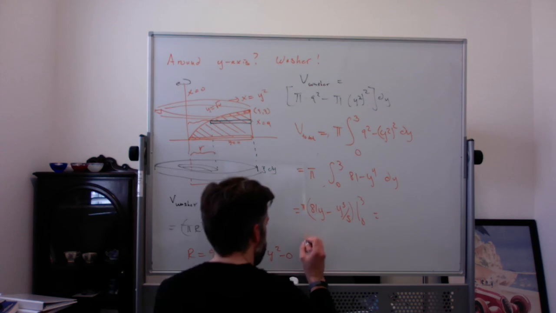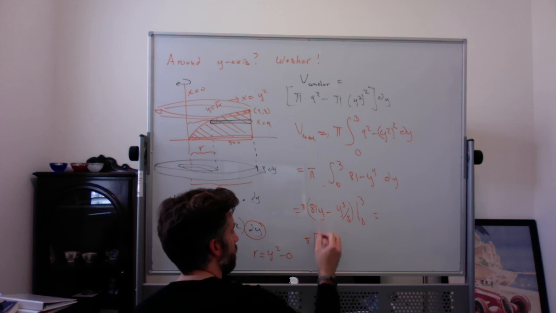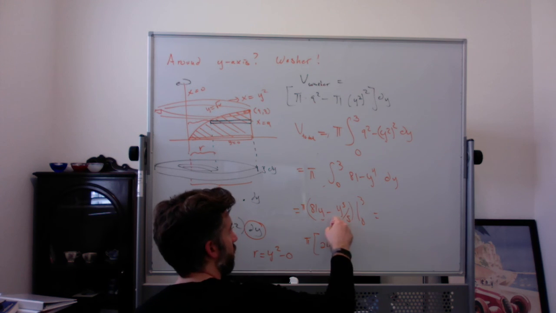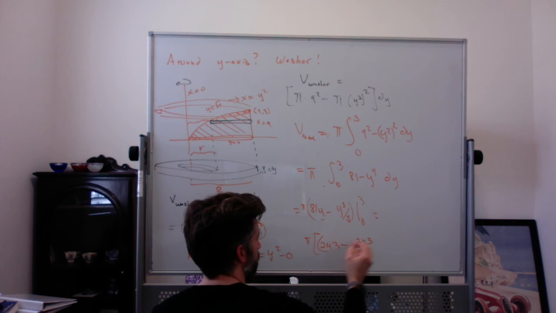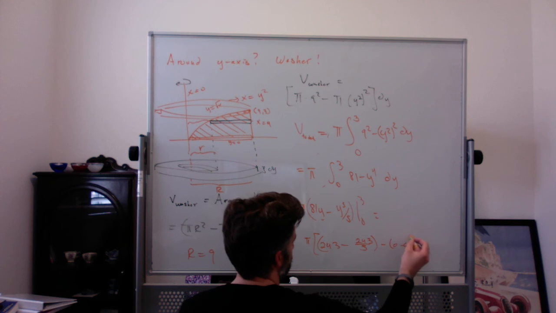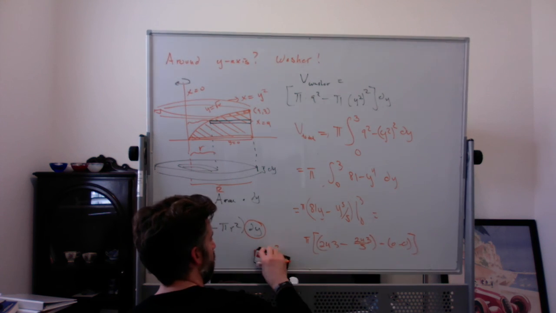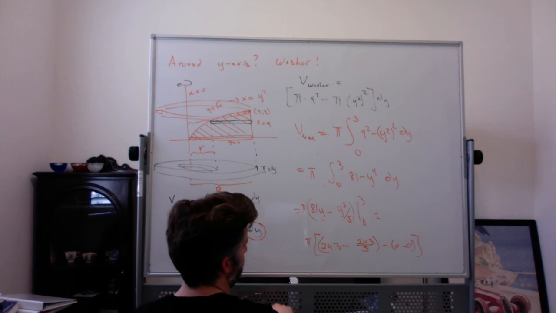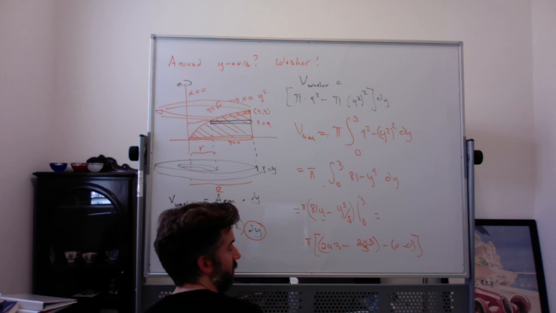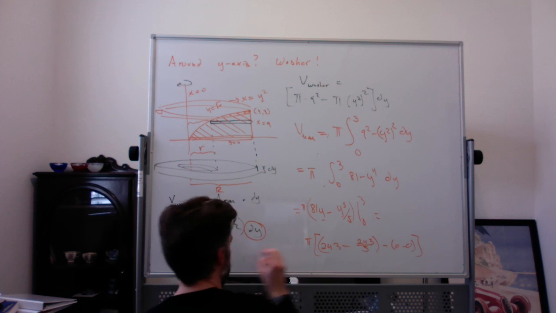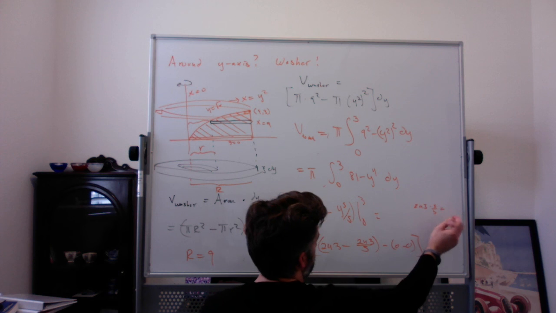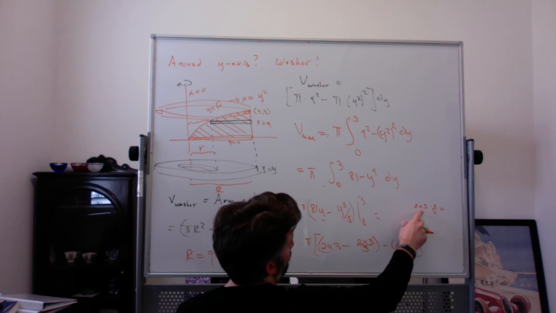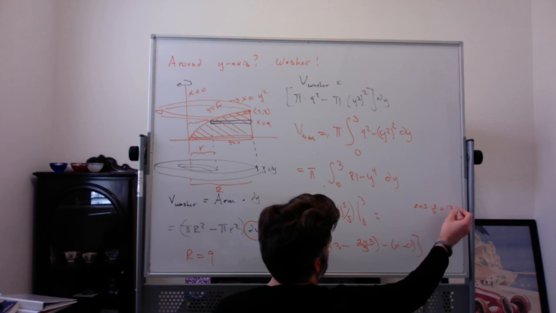And then you get pi times 81 times 3 is 243, and 3 to the 5th is also 243, minus 0 minus 0. So we end up with 243 minus 243 fifths, which is, I don't know, it's something. 243 times 5 is 1,215.